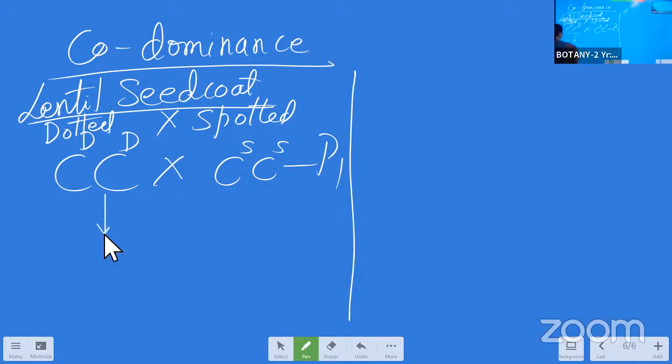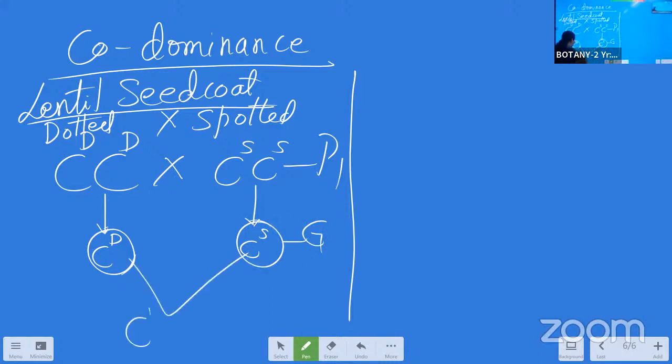Now, here we will get a gamete of CD, and this is the gamete of CS. These are the gametes. If we cross these two, we will get CD CS. This is the F1 generation. So, which character is going to be expressed in this?